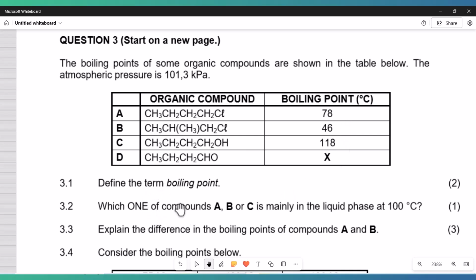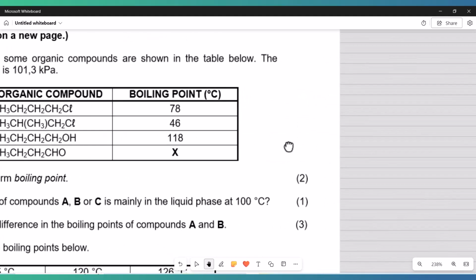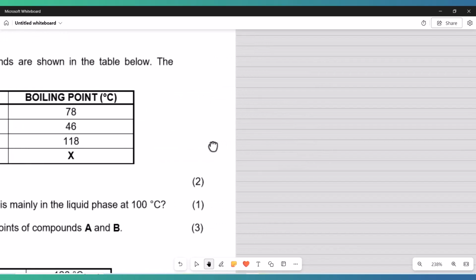Define the term boiling point. Question 3.1. What is boiling point?